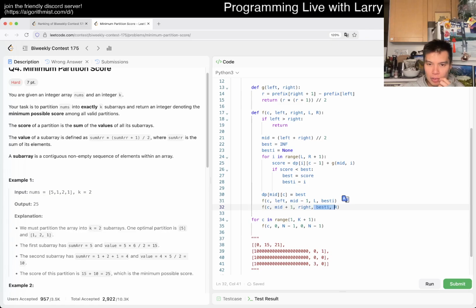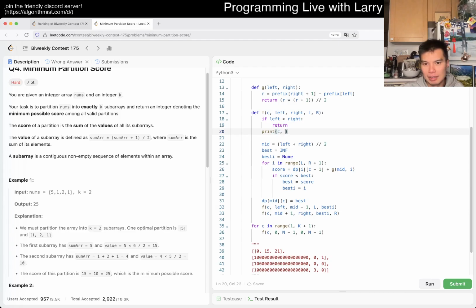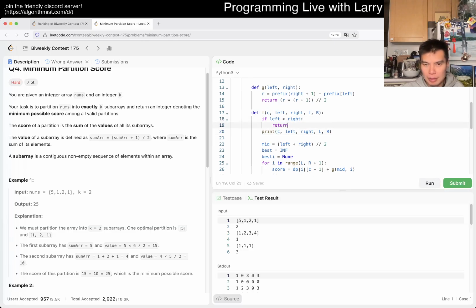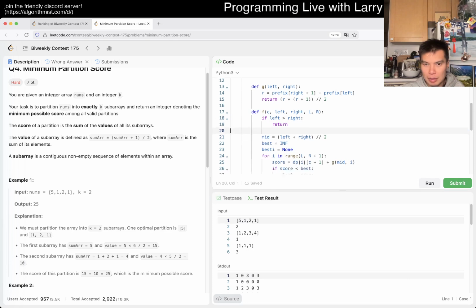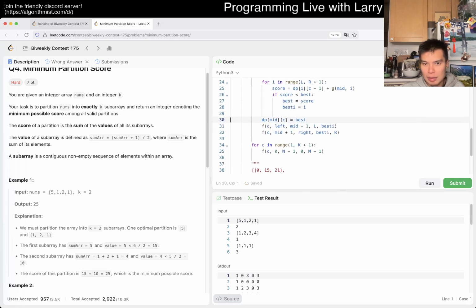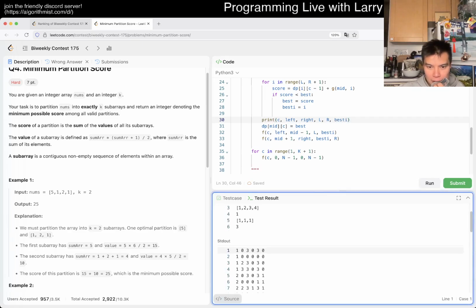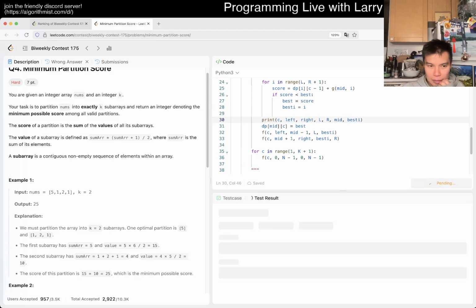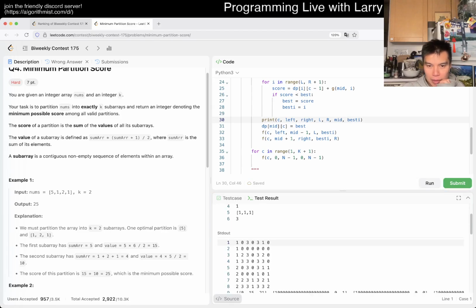It's just about printing it again. Yeah, I mean, for 0 and let's just say mid. For the mid 1, the best I is 0.